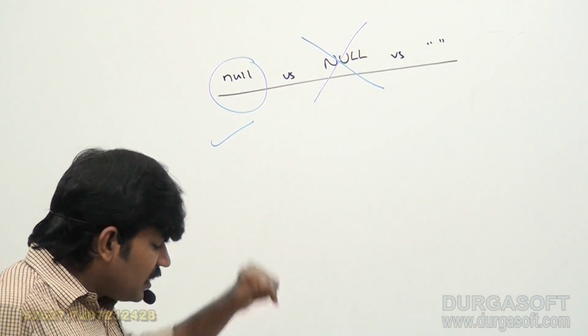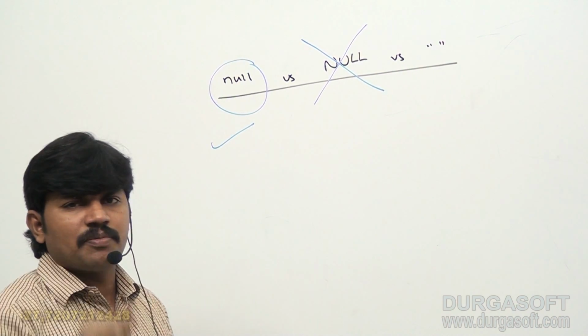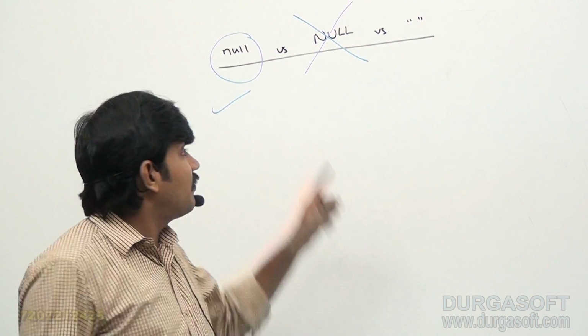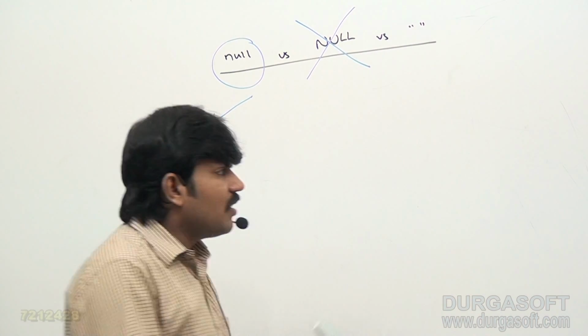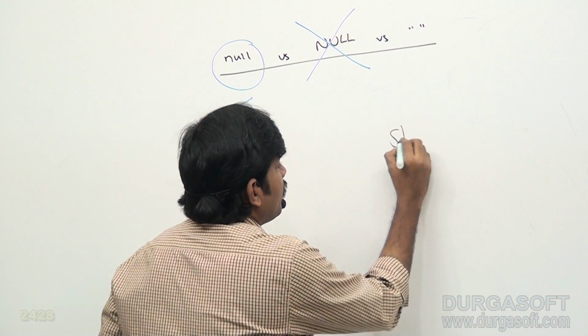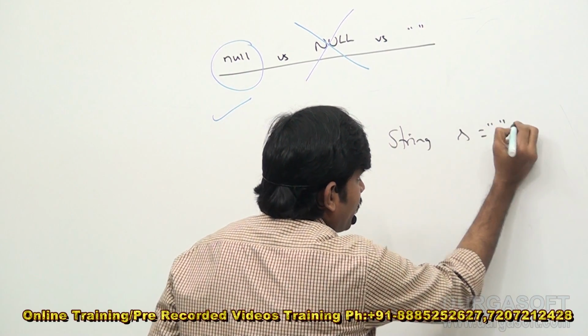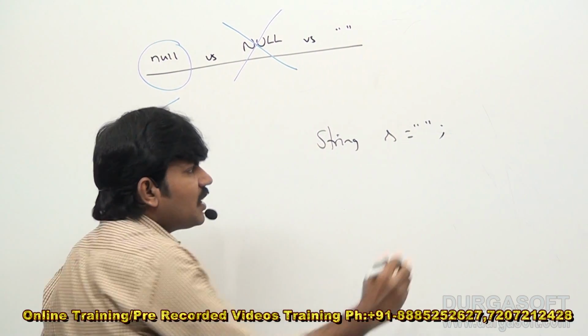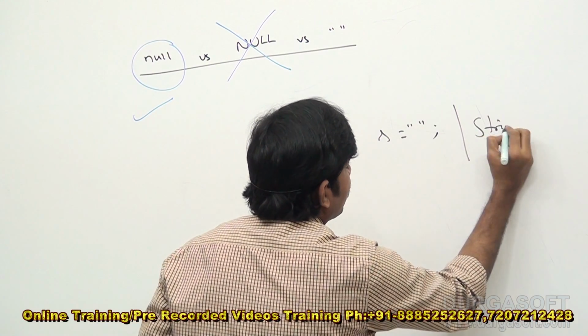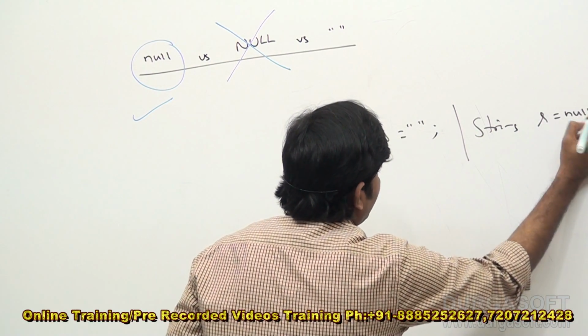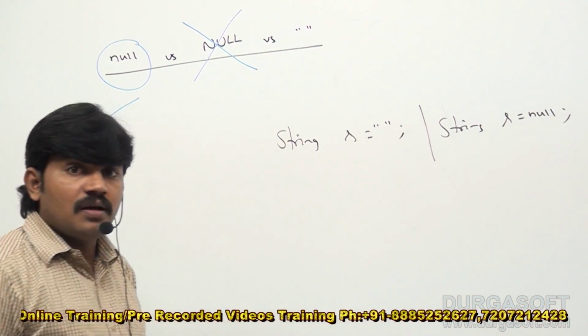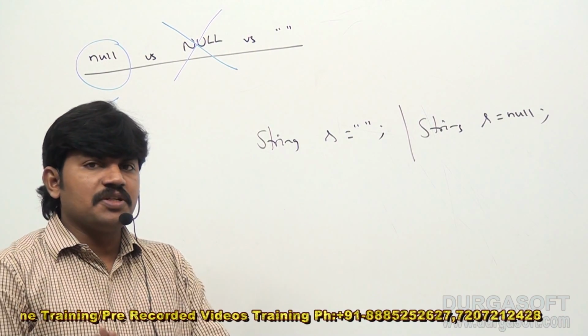Okay, next there is one doubt. Most of the people always have this doubt, especially at this point. Sir, I am taking String s = "", with double quotes open and close. Instead of that, can I declare String s = null or not? Sir, both the things are completely different.